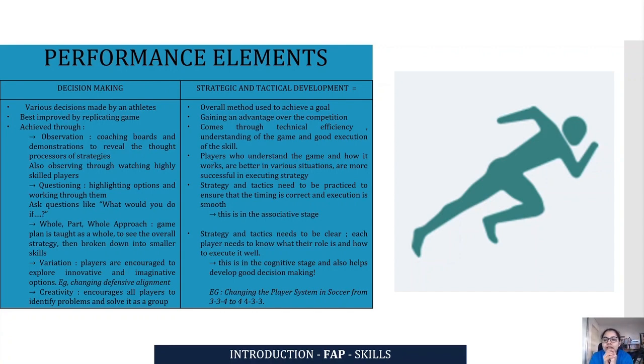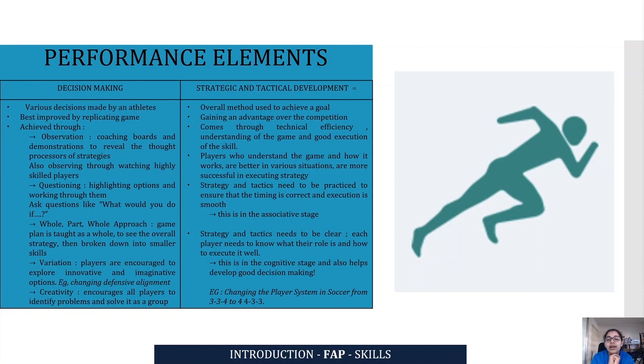But yeah, this is where we essentially do the whole approach, where we look at the big game plan and break it down into how we actually apply those skills, and how we learn those skills. Okay, variations. Players are encouraged to explore innovative and imaginative options, like changing defensive alignment.